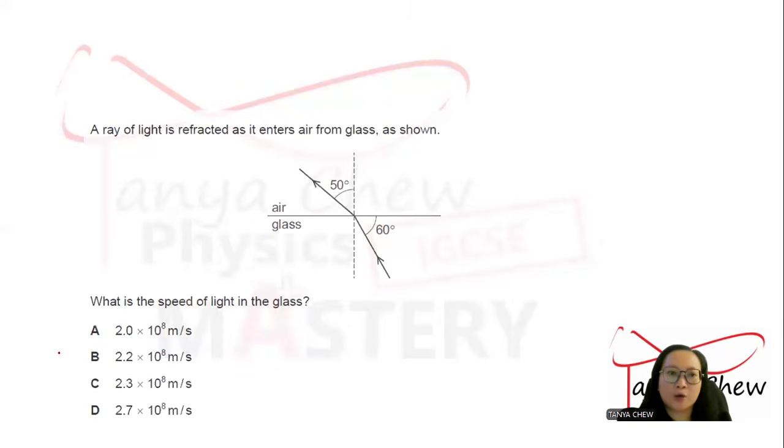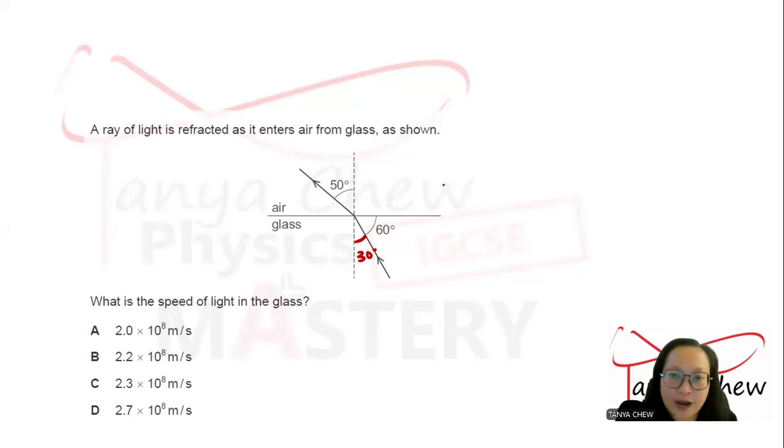The next one, a ray of light is refracted as it enters air from glass as shown. What is the speed of light in the glass? Now you see this? First step, identify the incident angle. This is called the incident angle, 90 minus 60, you get 30. Light travels from glass to air.